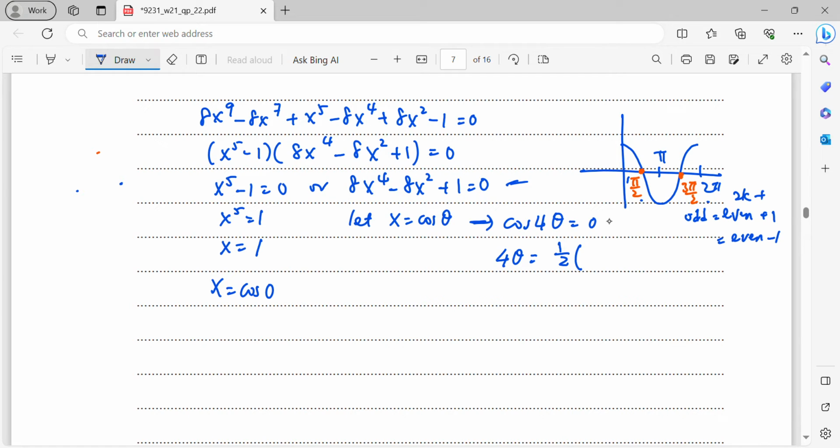Then it can be either 2k plus 1 or 2k minus 1. So now I let my k be 0. So if my k be 0, okay, which means the original data, then I have to choose 2k plus 1, because when 2 times 0 is 0, 0 plus 1, I get 1, which is 1 pi over 2. Okay, but if you choose this, your k cannot be 0. Your k must be 1.